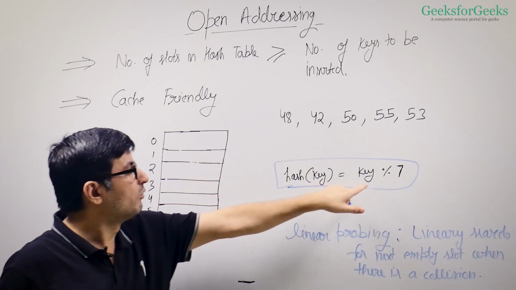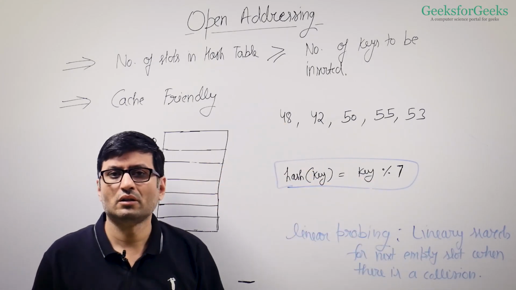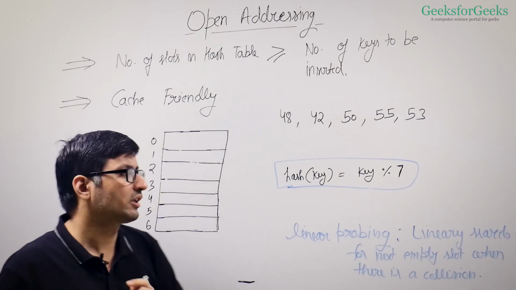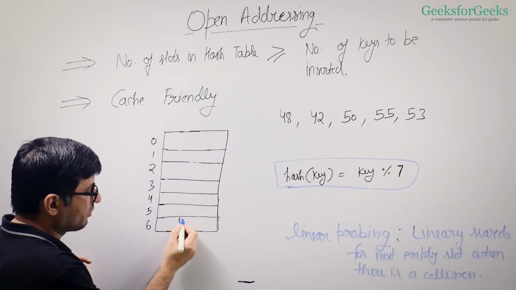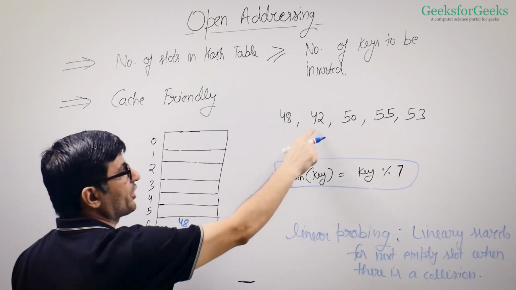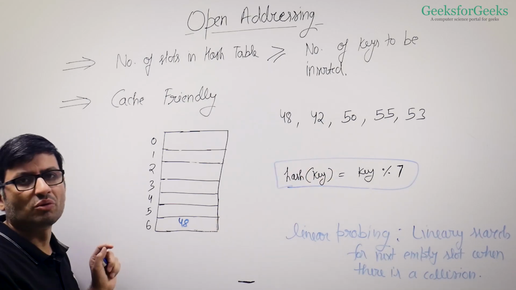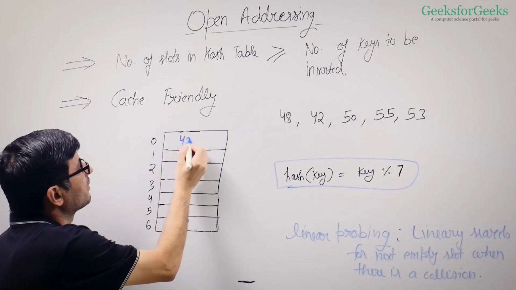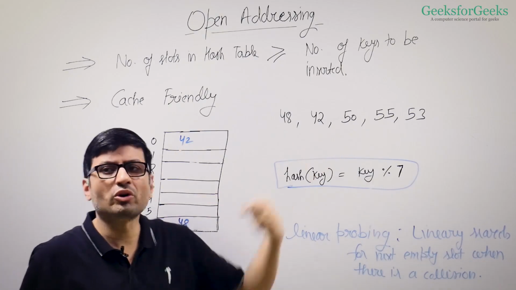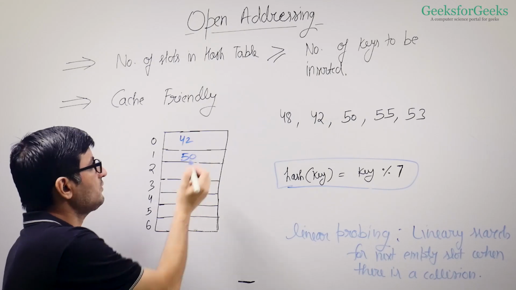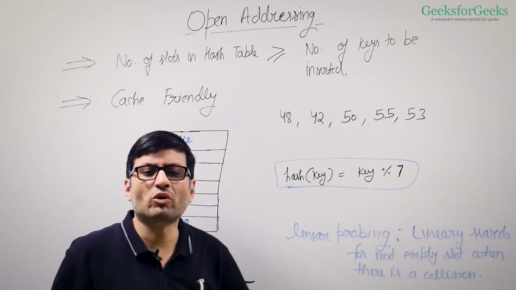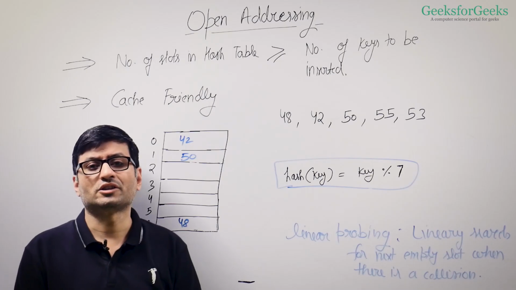48 modulo 7 is 6, right? So we'll go to slot 6 and put 48. 42 modulo 7 is 0. So we'll put 42 here. 50 modulo 7 is 1. So we'll put 50 here. 55 modulo 7 is 6.